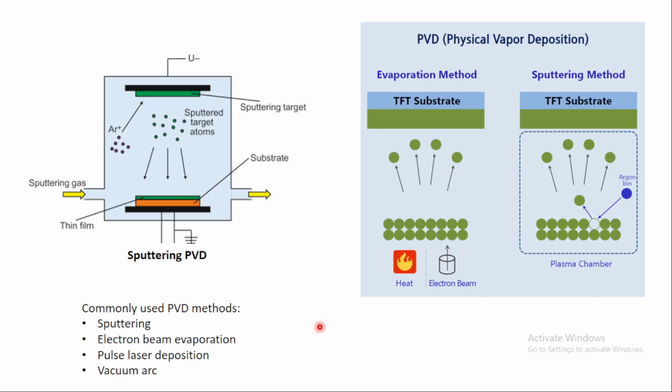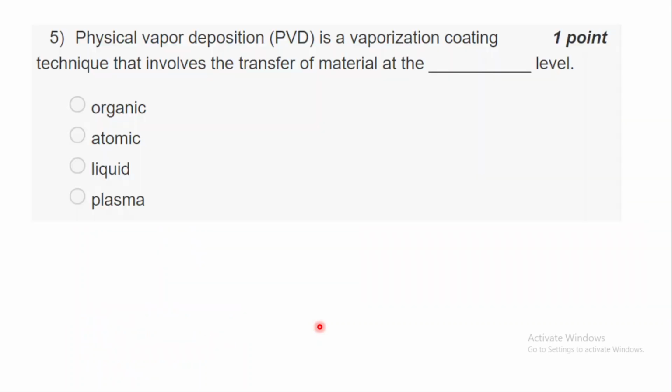Let's move on further to the fifth question, which is also on PVD. I'll read out the question. Physical vapor deposition (PVD) is a vaporization coating technique that involves the transfer of material at the dash level. This is a tricky question.